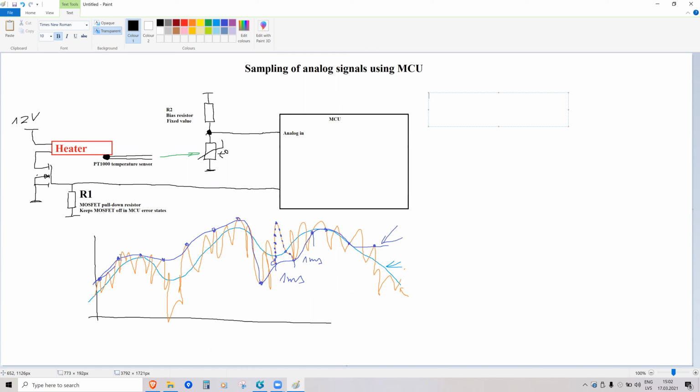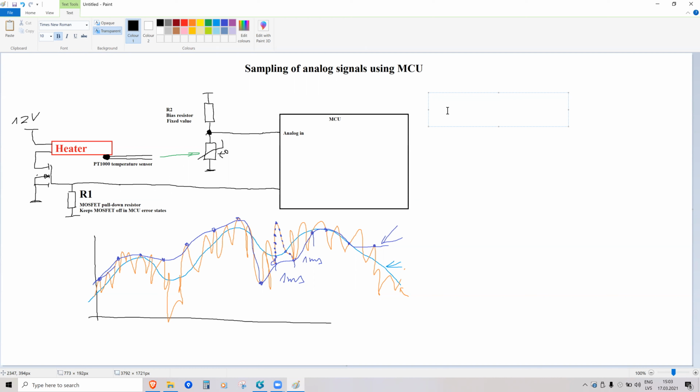Because if we're doing it rarely, we don't see higher frequency oscillations. So how fast should we sample it? Well, the easy and simple answer is you would want to sample it approximately at the highest frequency in your signal. More precisely, you need to sample at 2 times the highest frequency in your signal.